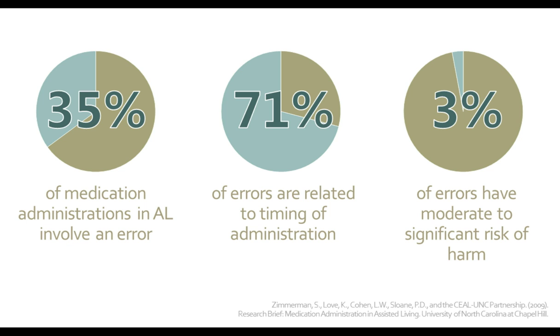We certainly want to take that approach in our communities that no medication error is ever okay, but we actually have a relatively small percentage of errors that have the potential to harm our resident.